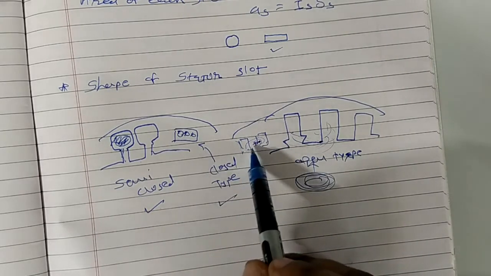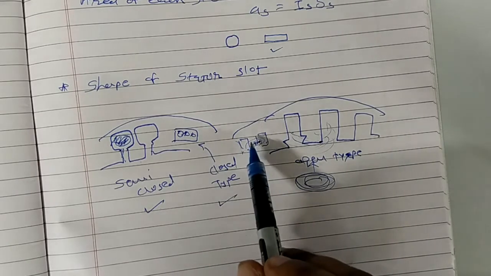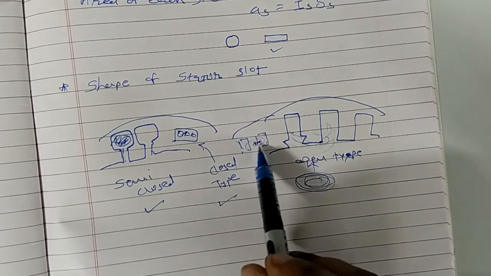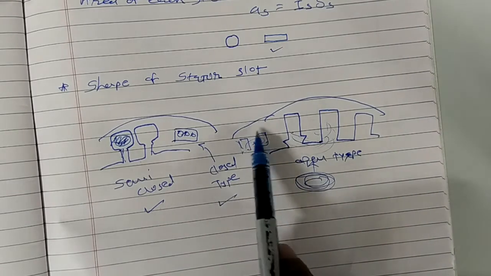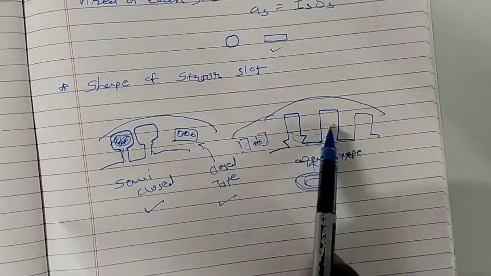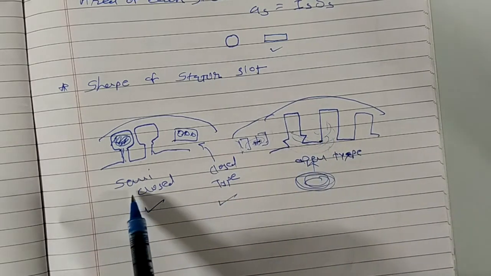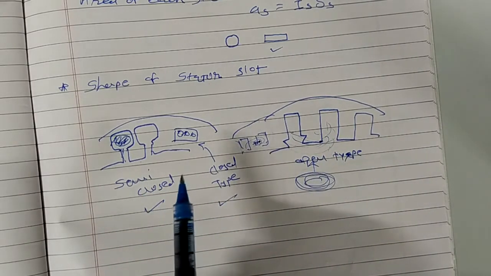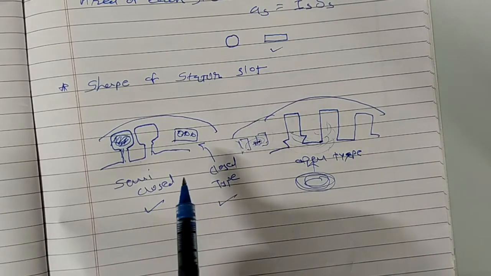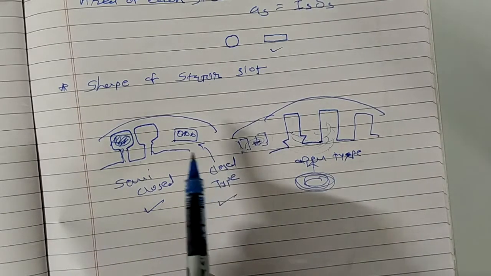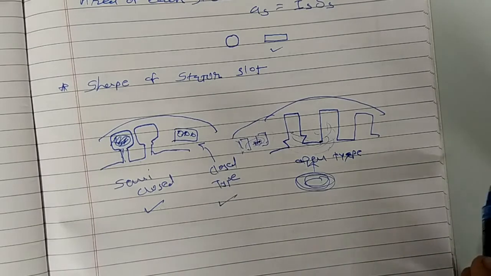So that type of parallel sided slot is also used sometimes. But they are a little bit complex, so generally we are not preferring it, we are simply preferring this type of structure, mostly the semi-closed type of slot. So that is the thing with the shape of the stator slot.